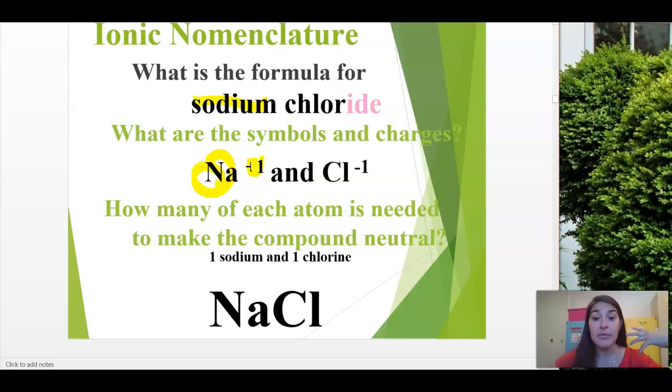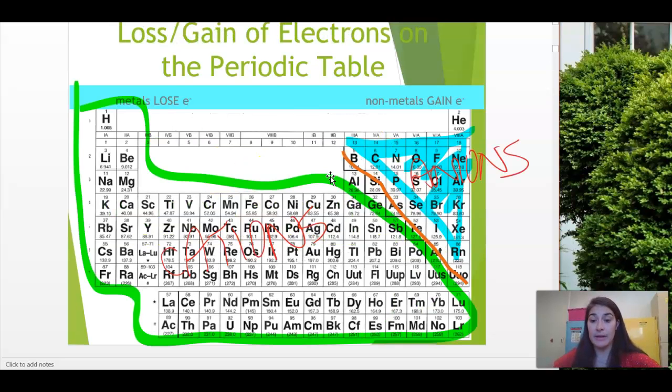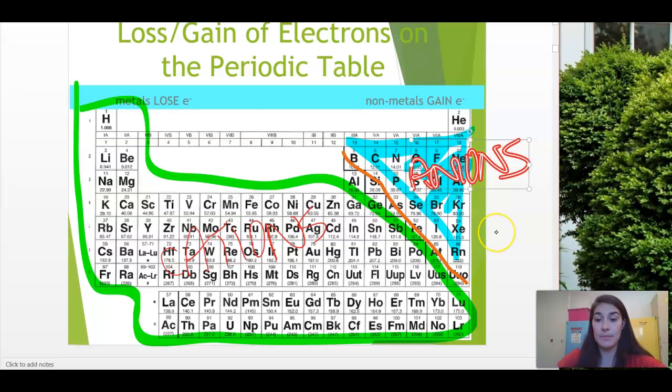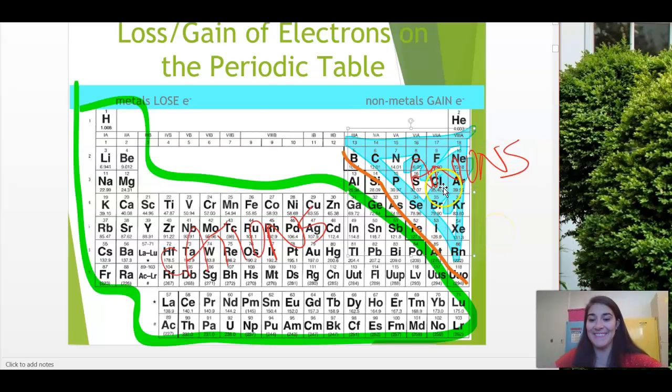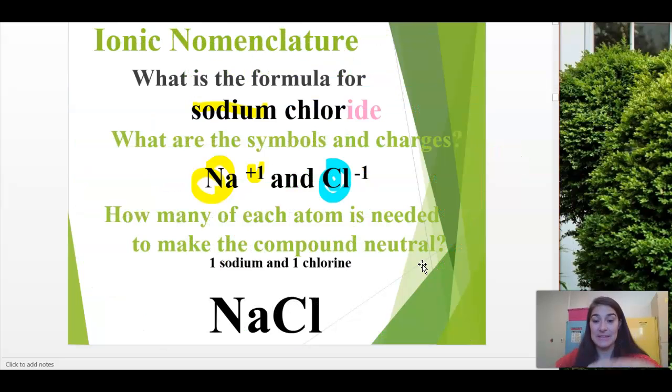Chloride came from chlorine, right? So remember, if it's ending in that IDE, it was just a regular non-metal. Your polyatomic ions have their normal names. So sodium chloride was chlorine. The symbol for chlorine is that Cl. When we find chlorine on the periodic table, right here, that second to last column is -1. And so we would write that charge to be -1.